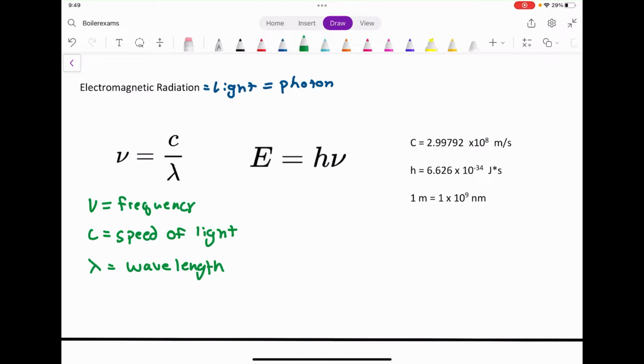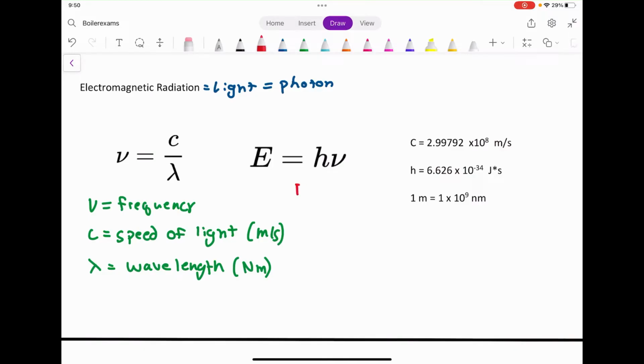I think it's important to point out that typically your wavelength is going to be in nanometers. That's typically what we're going to measure it in. But our c is usually in meters per second, so the nanometers and meters wouldn't cancel. A lot of times you have to convert your wavelength into meters so that your length measurements cancel out. It's a common source of error.